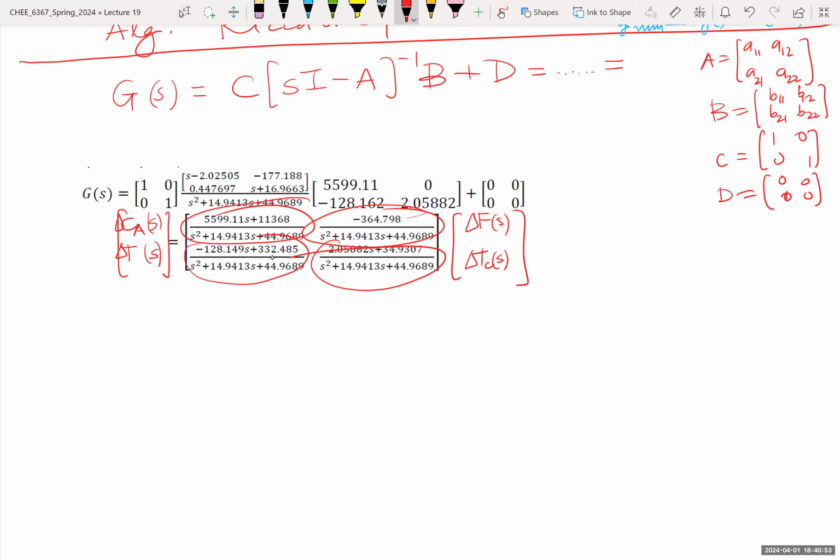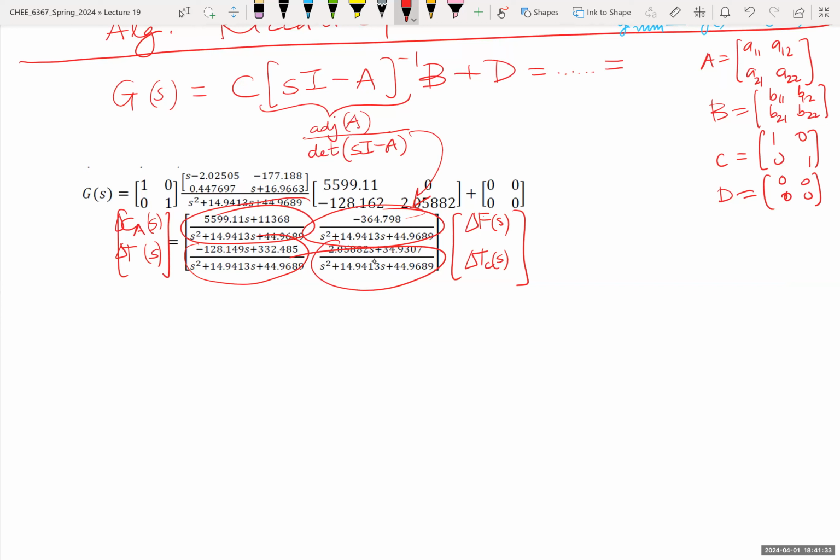This form has these poles, the roots of this denominator, and you observe that the denominators of all 4 transfer functions are the same, correct? Why are they the same? Because this inverse is, as we said, the adjugate or adjoint of A divided by the determinant of sI minus A. If you take the determinant of sI minus A, you get the same denominator for all 4 of them.